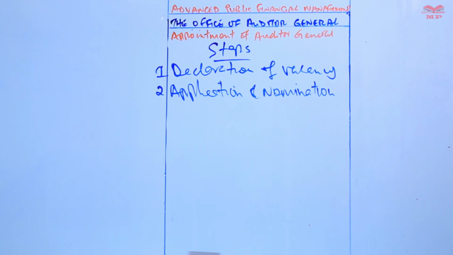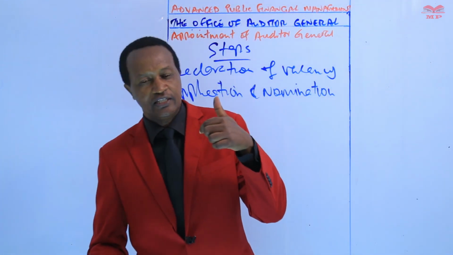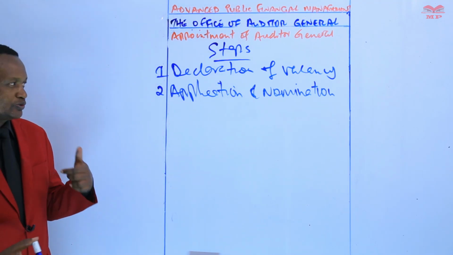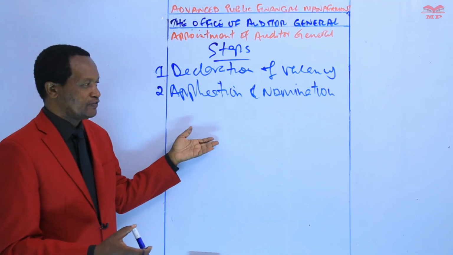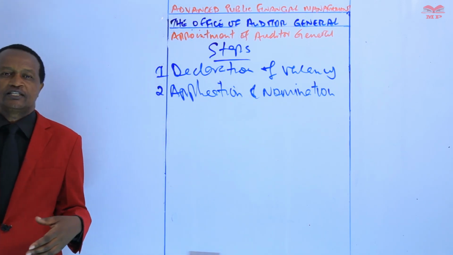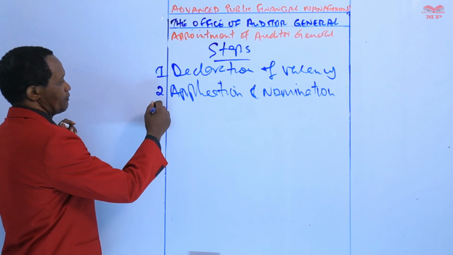So then the Public Service Commission selects at least 3 qualified candidates for the position. So individuals are invited. The Public Service Commission selects out of those who have applied 3 candidates. Then we move to the third stage.